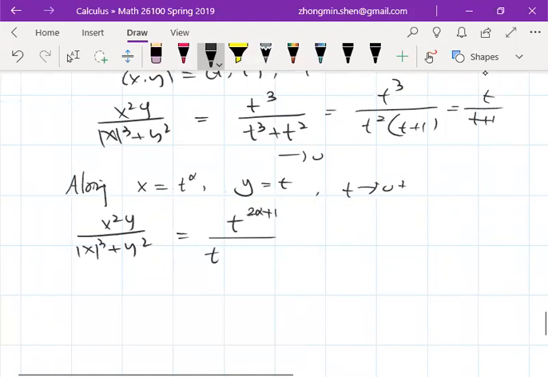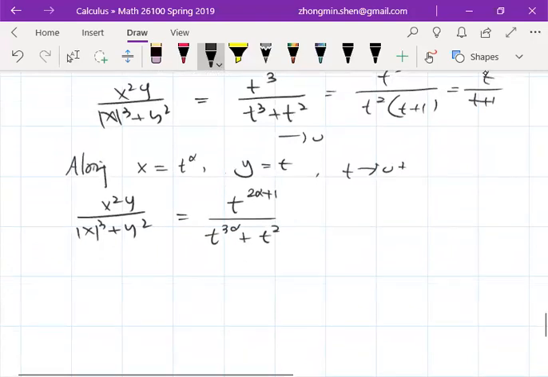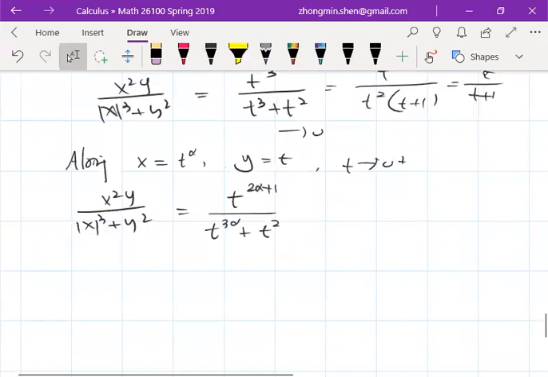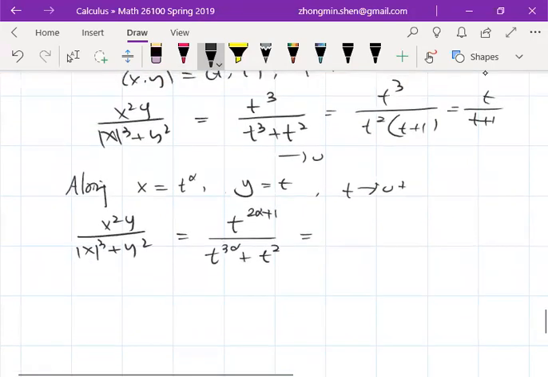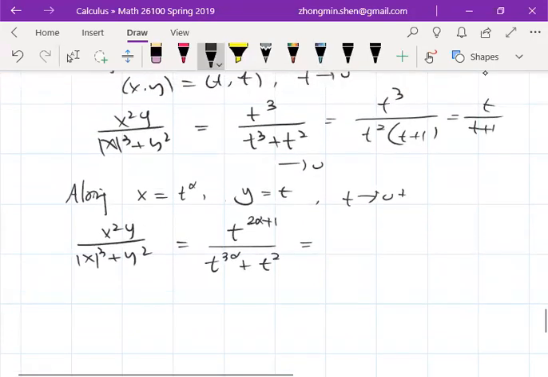So this will be 3 alpha. That will be t squared. Okay. So we were trying to get something which does not approach 0. So what you can do is divide both sides by the same constant.